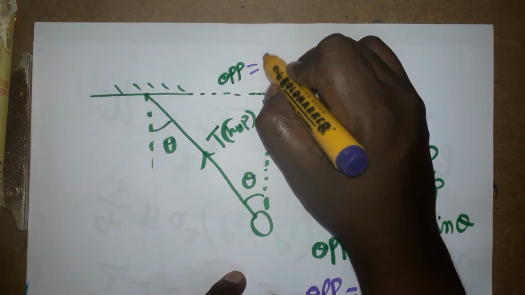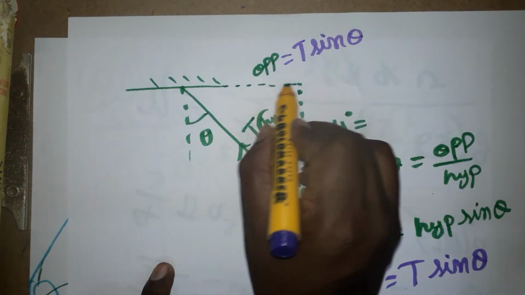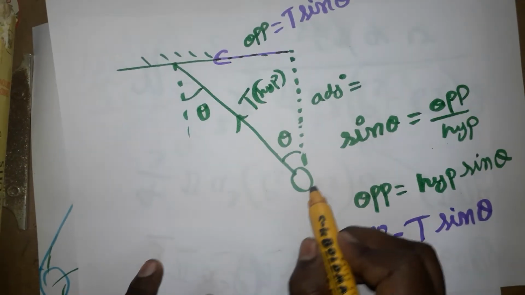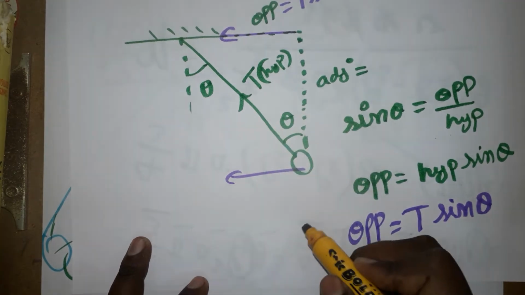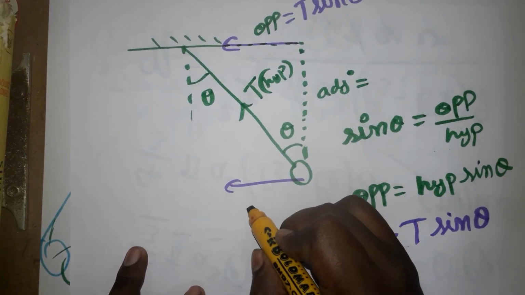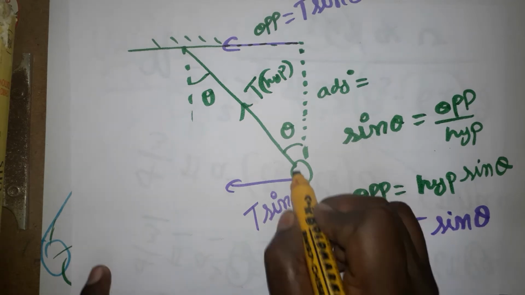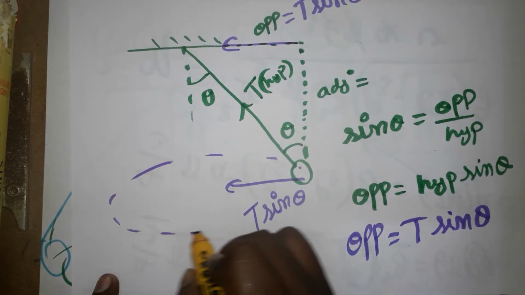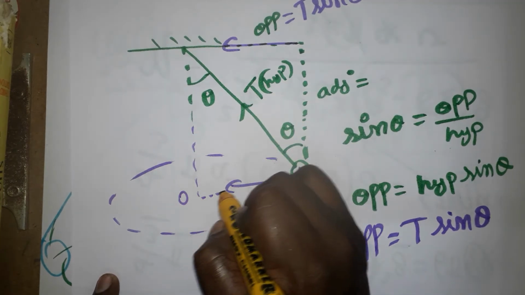This opposite side is equivalent to this one because both lines are parallel. So the force acting towards the center is T sin theta. The pendulum makes a circular rotation with the center point O.